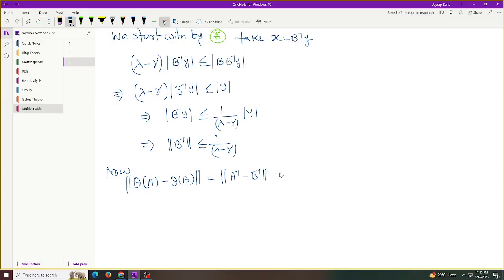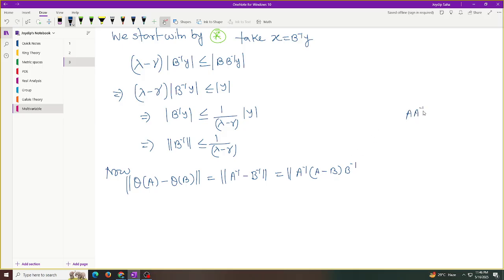We can write it as A inverse times A minus B inverse, is it correct? What is this?